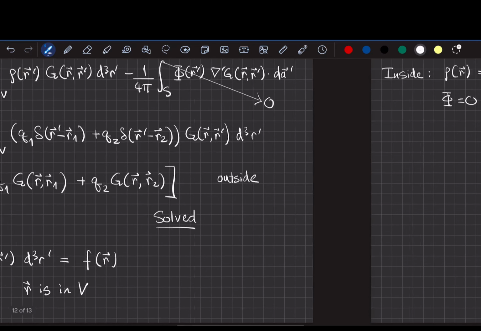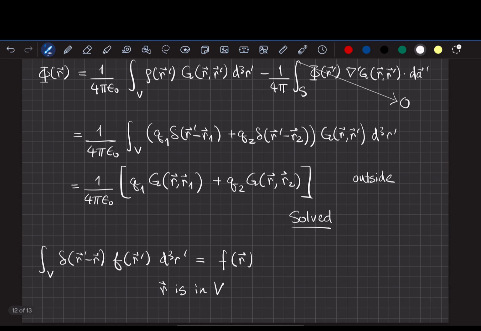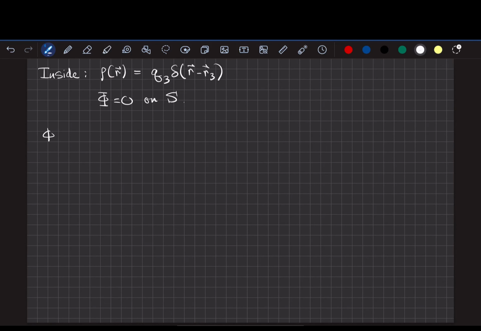So we can use a similar process. Again the surface term will vanish, and we would just have the volume term with a delta function, which is our charge density.